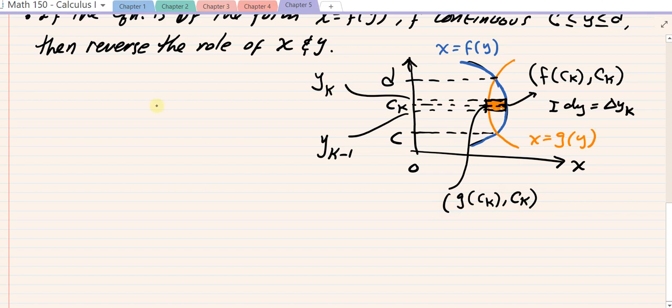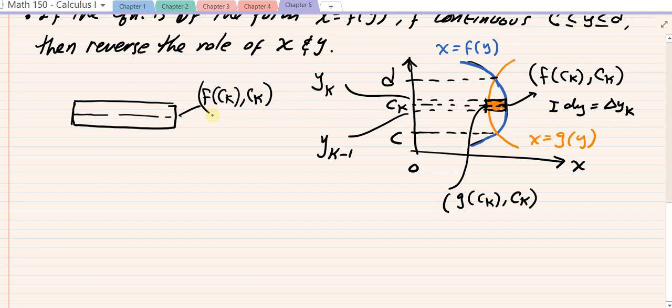Just to show you a better drawing of that rectangle, this is what it looks like. This point is f at c sub k, that's the x value, and the y value is c sub k. This other point is g at c sub k, and the y value is c sub k.